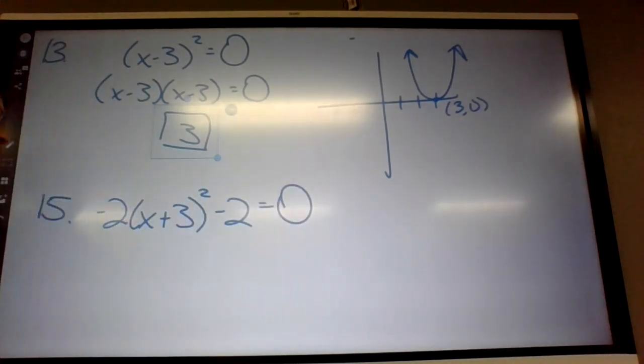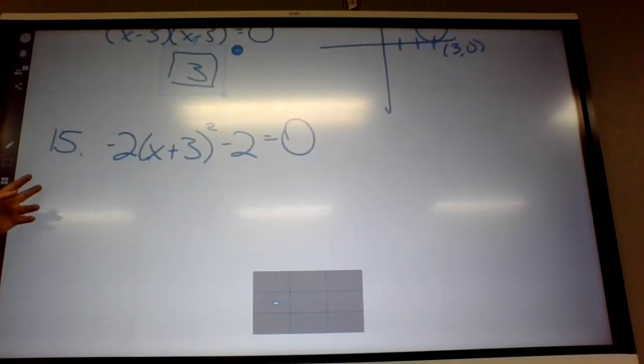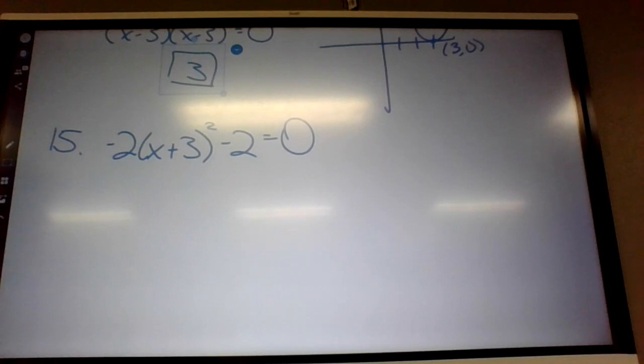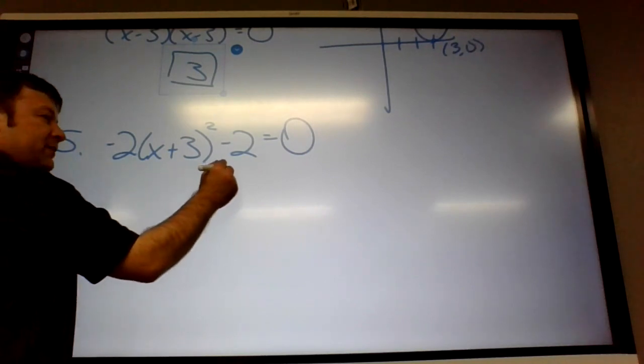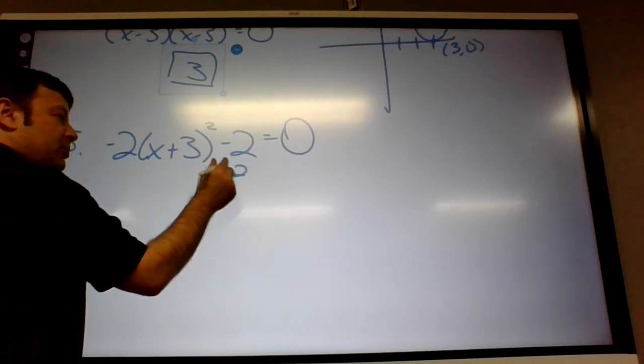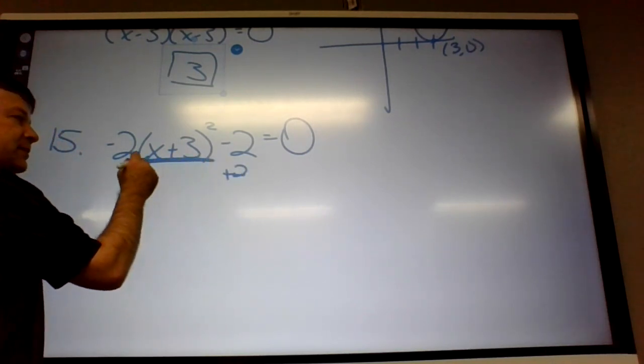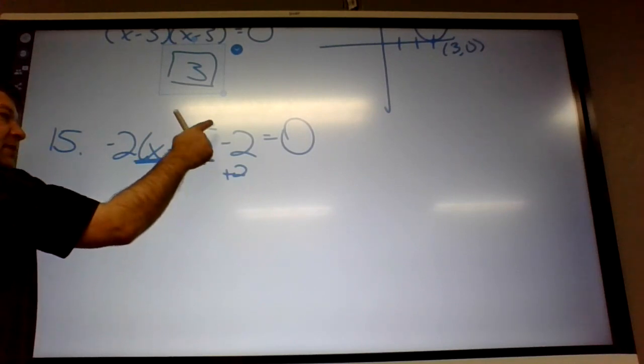Okay, so this is number 15. I'm going to set it equal to 0. How could I solve this for x? Any guesses? Start by adding 2 to both. Adding 2. Yeah, we did stuff like this when we completed the square. You want to get this by itself first.